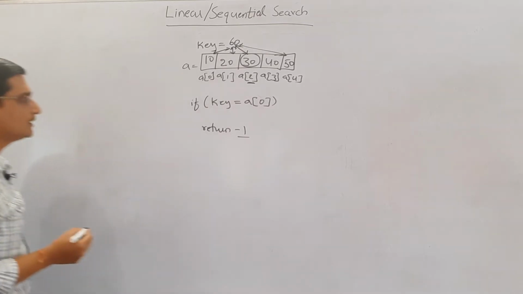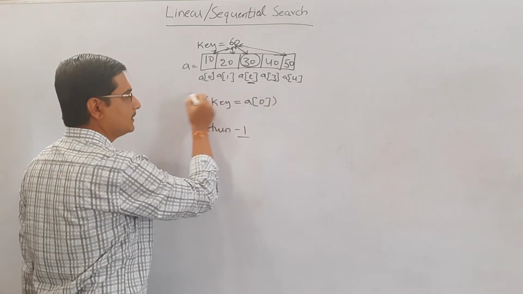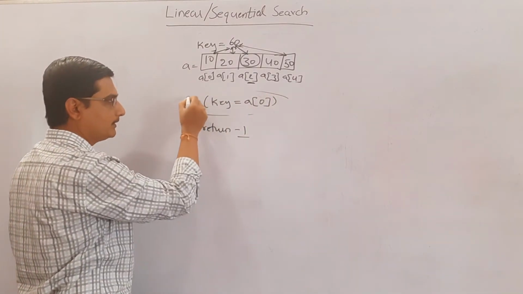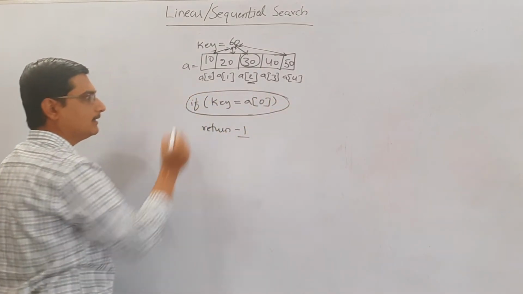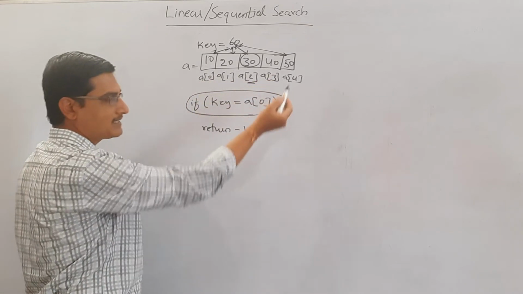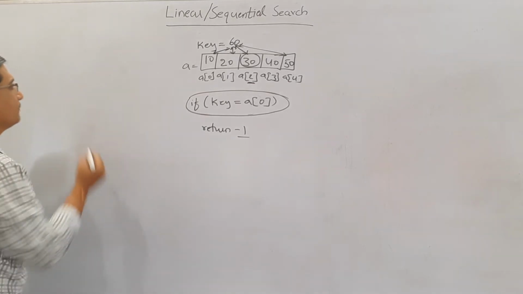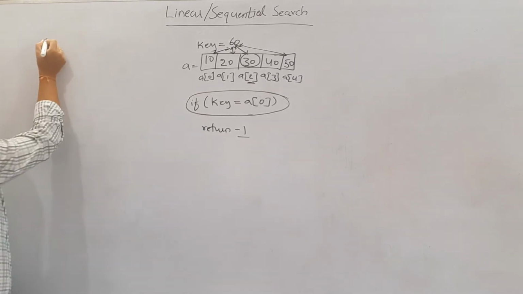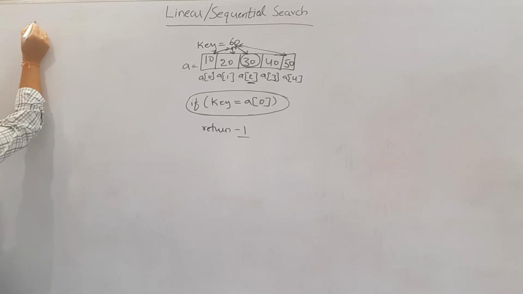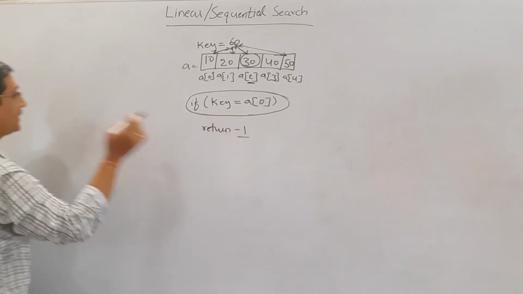We can write the code in a simple way. We just need to keep this statement in a loop from i equal to 0 to the maximum number of elements, say n number of elements. We are going to return either the position or -1.